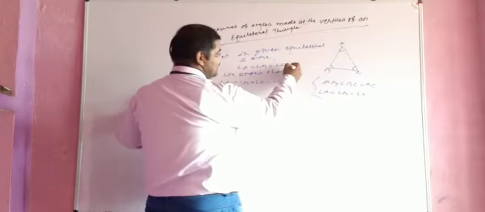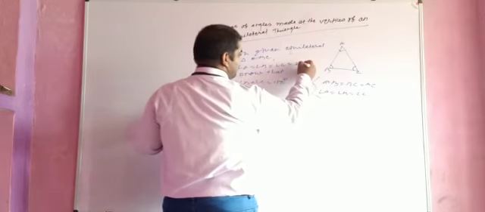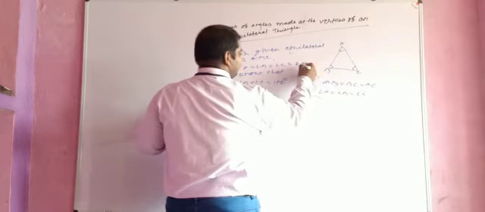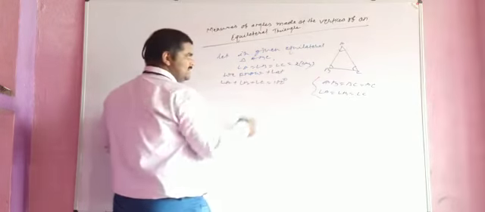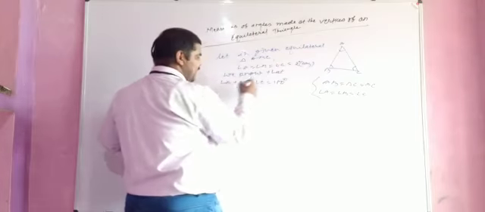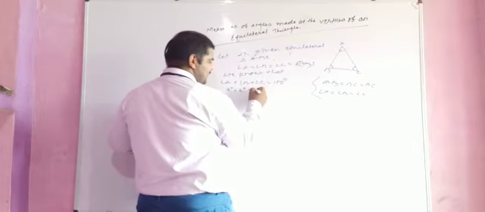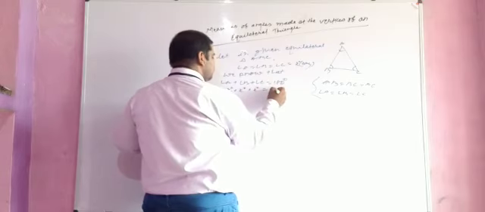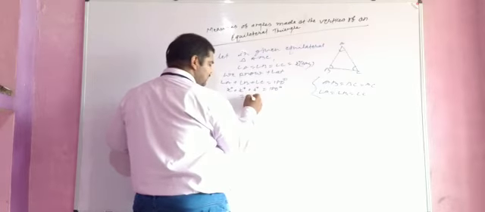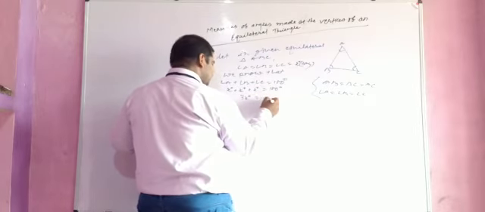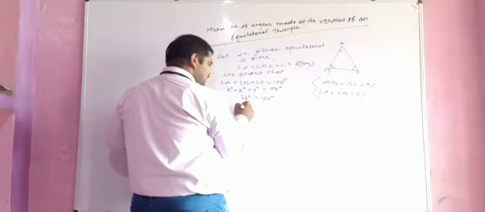And now suppose that each angle has a value of x degree. Then you may write x degree plus x degree plus x degree is equal to 180 degree. 3x degree is equal to 180 degree.